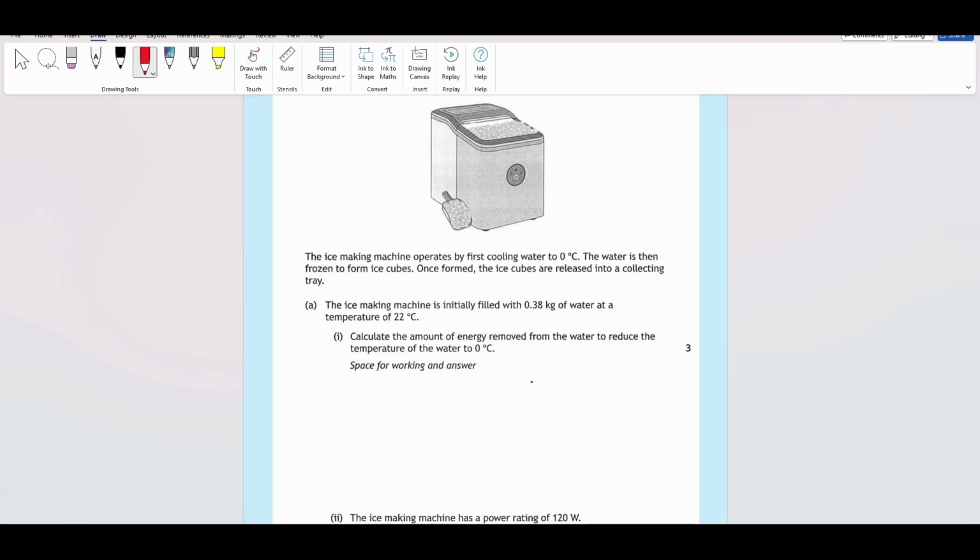So the formula we use is E equals c m delta T, and we use the specific heat capacity of water, which is 4,180, times the mass, which is 0.3 kilograms. And the change in temperature is we're going from 22 degrees Celsius initially to 0. So that's a change of 22 degrees Celsius. And that gives us an energy of 3.5 times 10 to the 4 joules.